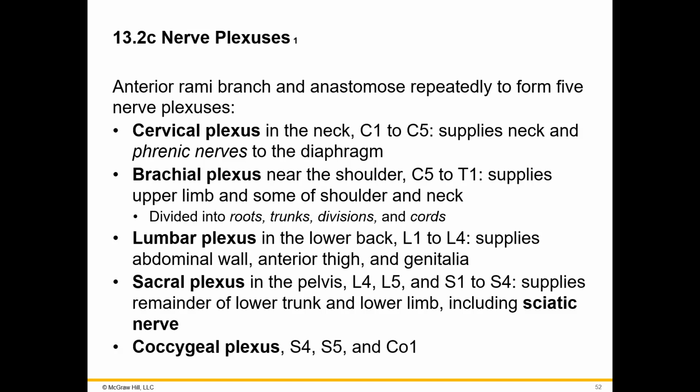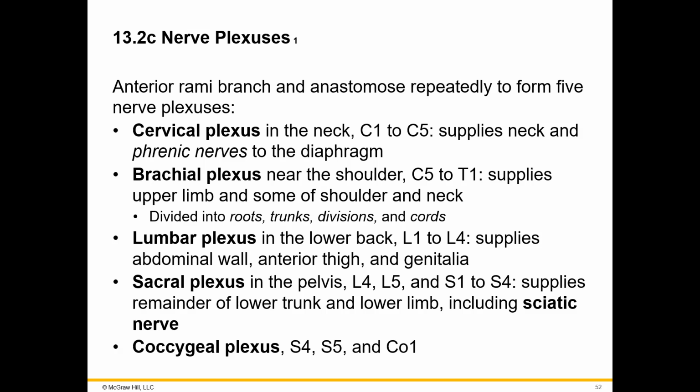The brachial plexus is near the shoulder and supplies the upper limb, and the cervical plexus extends from C1 to C5. It supplies the neck and the phrenic nerves to the diaphragm. Then there's the lumbar plexus in the lower back, L1 to L4.